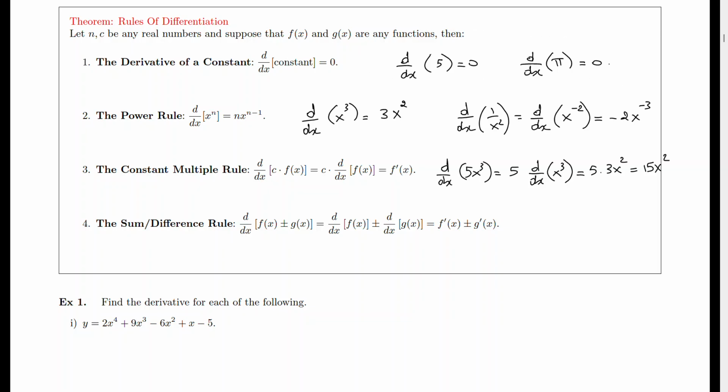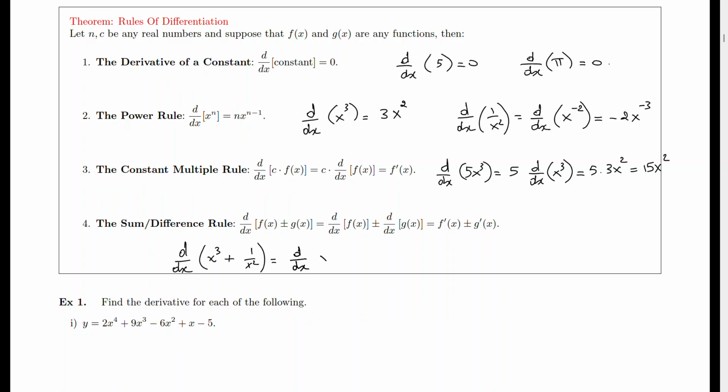And finally, the last rule basically tells me what to do if I have an addition or a subtraction of functions. According to this rule, we just separately find the derivatives of each individual component. So if I have something like the derivative with respect to x of x cubed plus 1 over x squared, then all I have to do is find the derivatives individually.